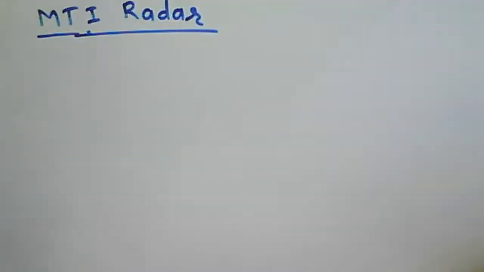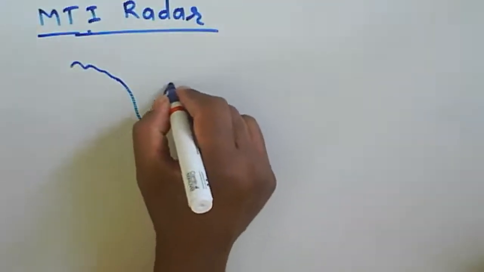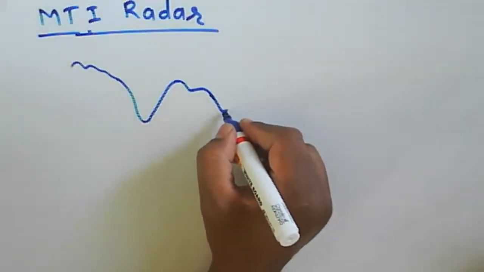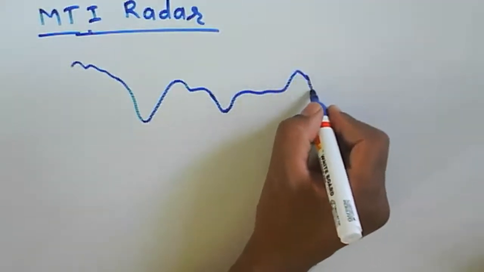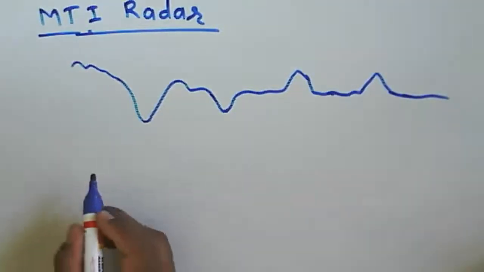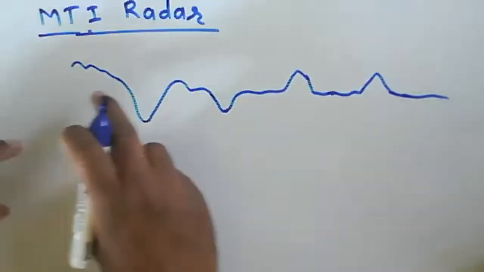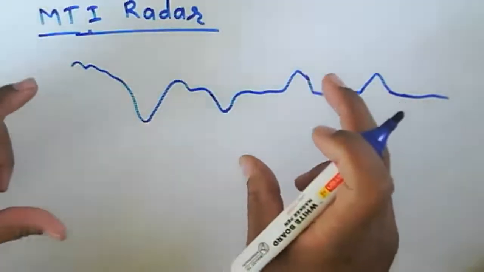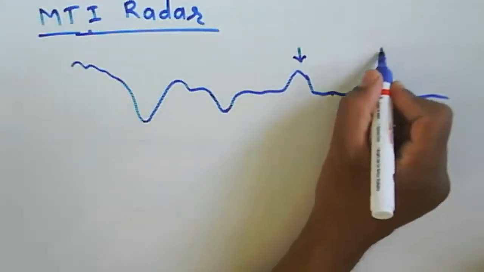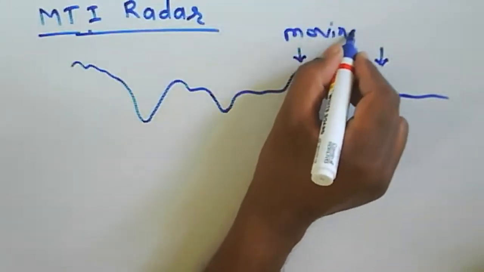For a given moving target, we are able to detect somehow this particular kind of signal. So this is our signal we are detecting, and this is generally displayed on the display devices. Now from this you can see that these are nothing but your moving targets.